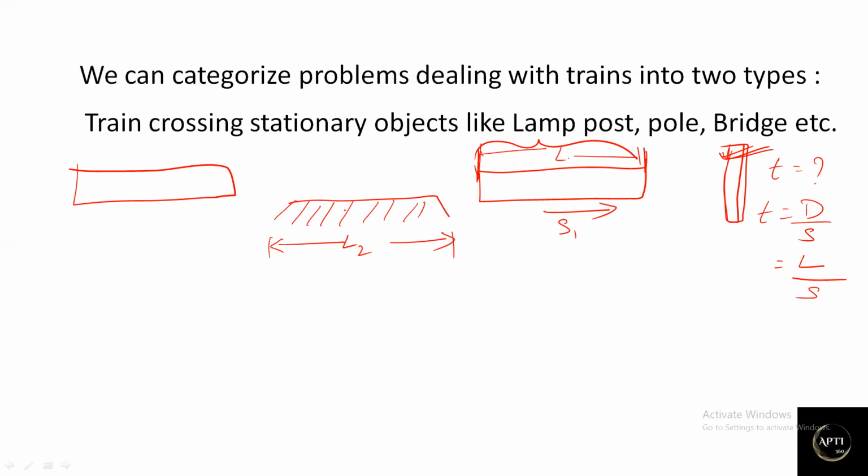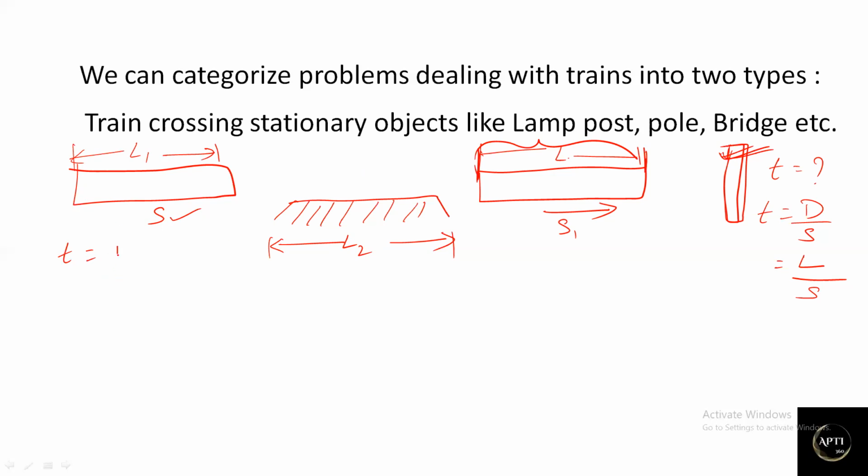Now when we have a bridge, the bridge length can't be negligible, right? So here the length of the train is L1 and the length of the bridge is L2. We have the speed of the train. Do we have a speed for the bridge or platform? No, so only one speed is there. Now how much time will the train take to cross the bridge?